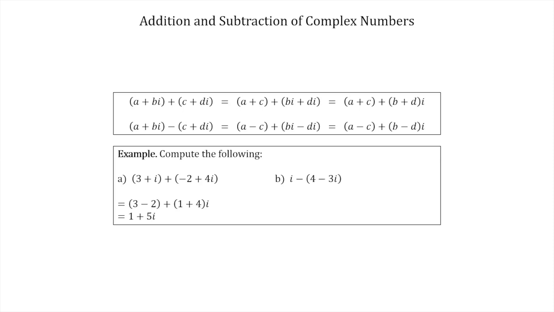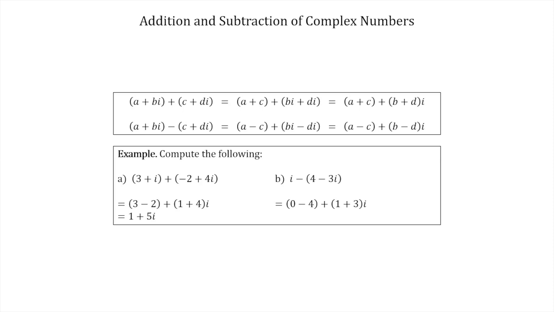So what do we get? Well, the real part is going to be 0. That's the real part of the first number. We said that i doesn't have a real part. Minus 4, the real part of the second number. And then we add to that the imaginary part, which is 1. That's the imaginary part of the first number.